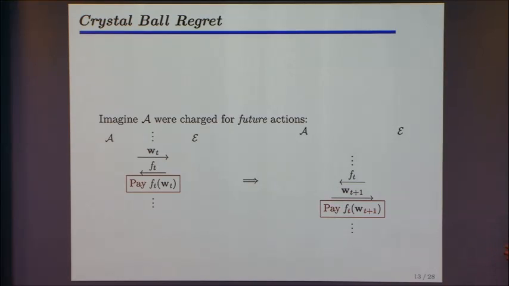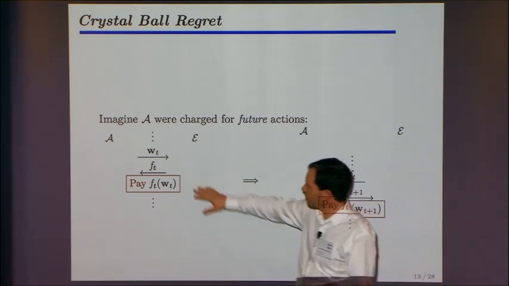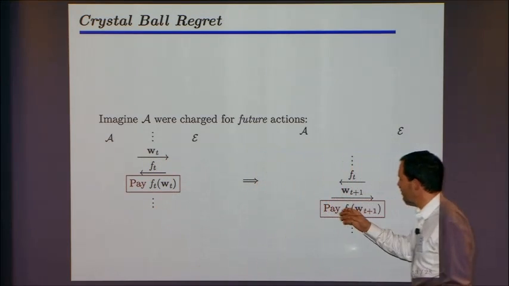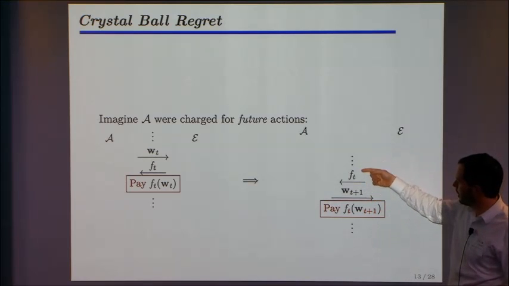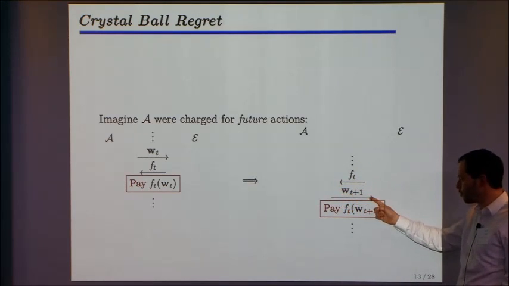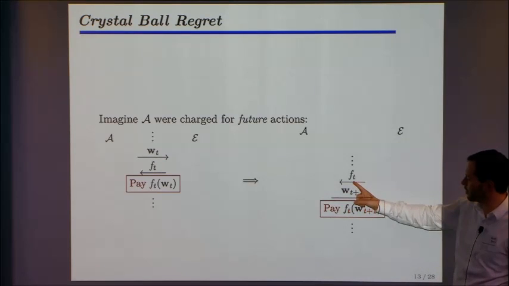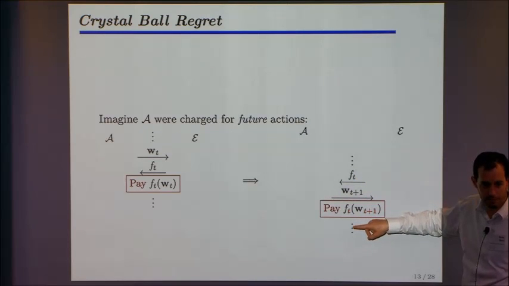So let's just consider for a while a slightly different model. Here's our original model where I make a prediction, I see a cost function, and I pay. Okay, so let's imagine a different model where I see a cost function, I make a prediction, and then I pay, right? I pay for the previous cost function, not the next one.